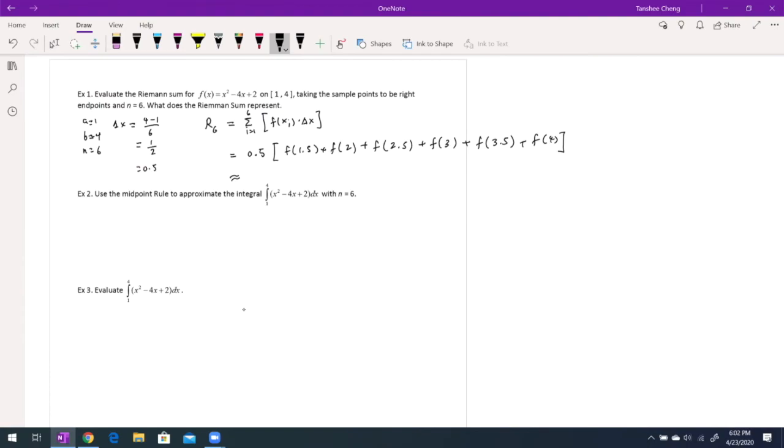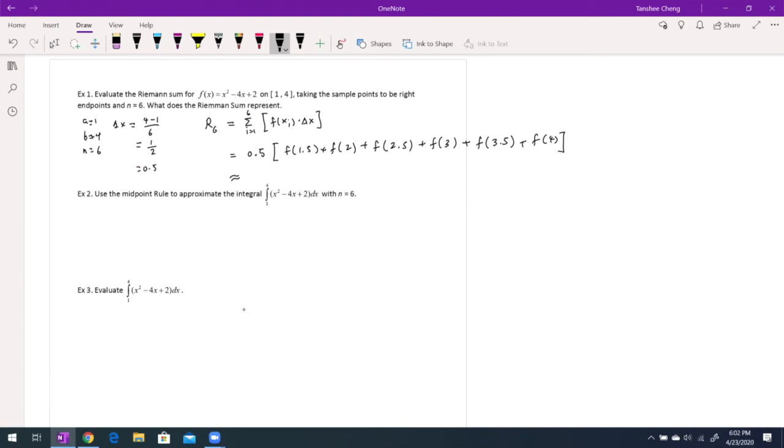So 1 through 4, you divided by 4 or 5? 1, 2, 3, 4, 5, 6. Oh, by 6. That's right. Because it's telling you there are 6 subintervals. So that's why you divide by 6 to get your delta x, which is the width of each rectangle.